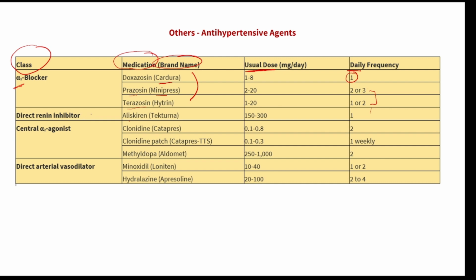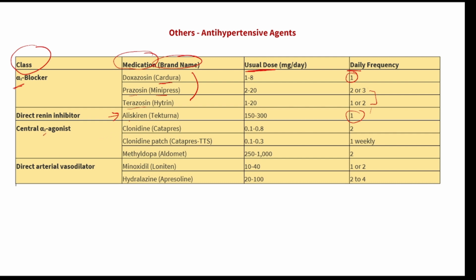Direct renin inhibitor, we have aliskiren, Tekturna, once daily, and available 150 to 300 milligram. Okay, aliskiren, Tekturna.